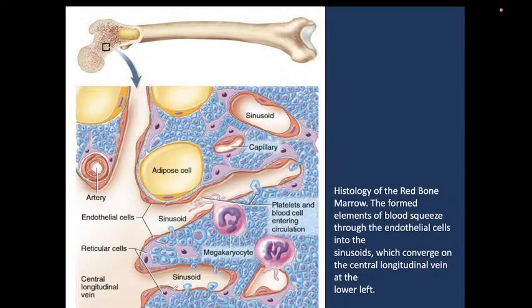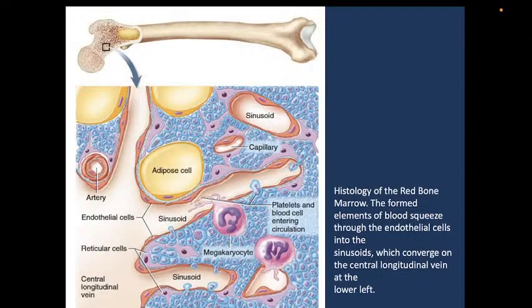Here, histologically, you could find different cells located in the red bone marrow, and formed elements of blood squeeze through the endothelial cells into sinusoids, which converge on the central longitudinal vein.